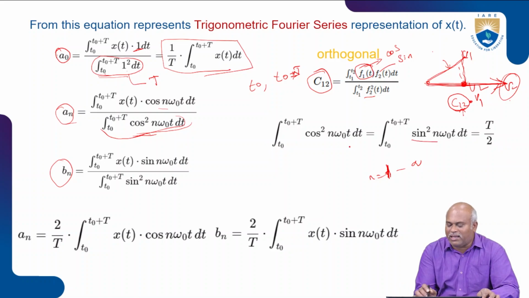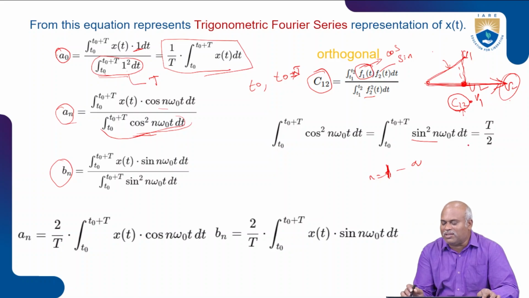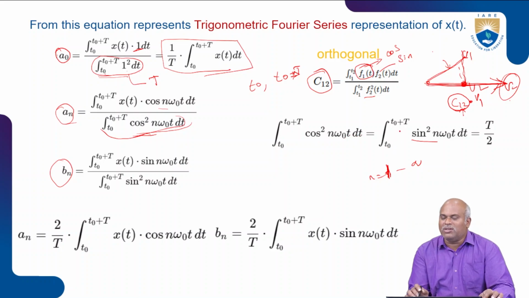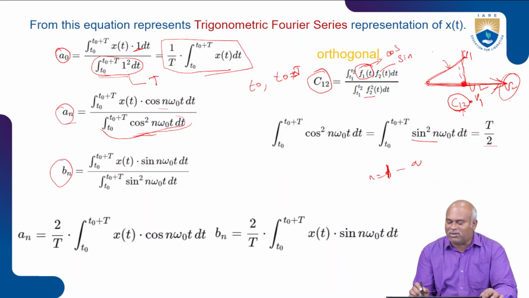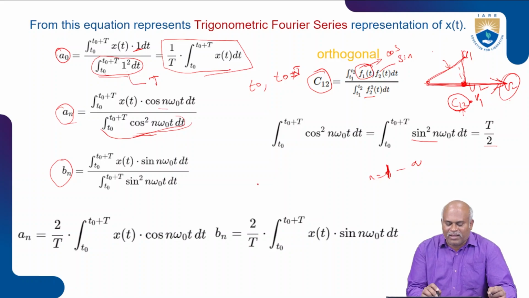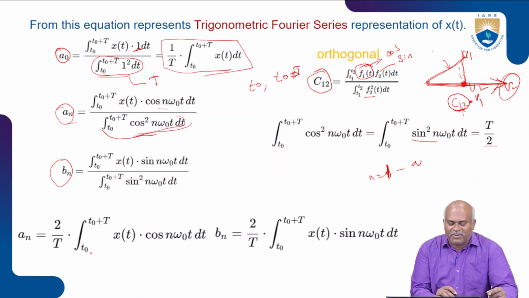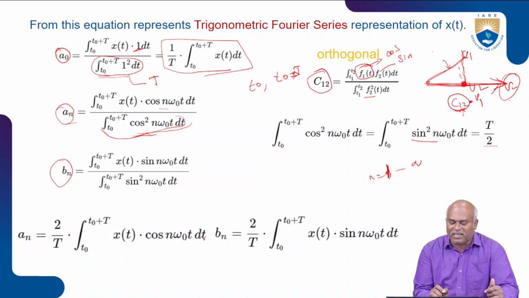So if we do the integration for both, integration of t0 to t0 plus T of cos square n omega 0 t dt is equal to integration of t0 to t0 plus T of sin square n omega 0 t dt, that value is equal to T by 2. Here you can substitute, and you get the output as a of n is equal to 2 by T integration of t0 to t0 plus T of x of t cos n omega 0 t dt.